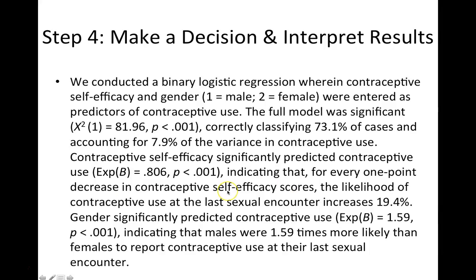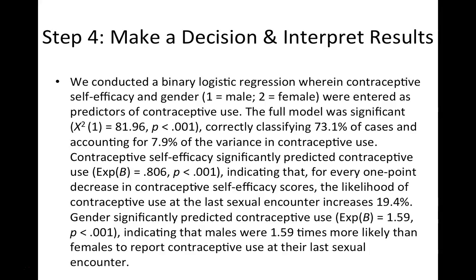Decreases in contraceptive self-efficacy scores are actually increases in the construct of contraceptive self-efficacy. Remember, higher scores indicate lower levels of contraceptive self-efficacy and vice versa. So what we actually see is that for every 1 point increase, essentially, in the construct of self-efficacy, the likelihood of contraceptive use at the last sexual encounter increases 19.4%.